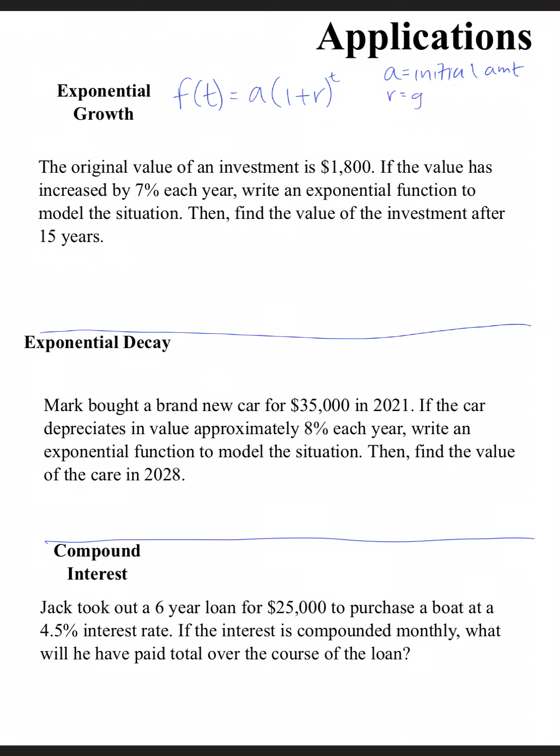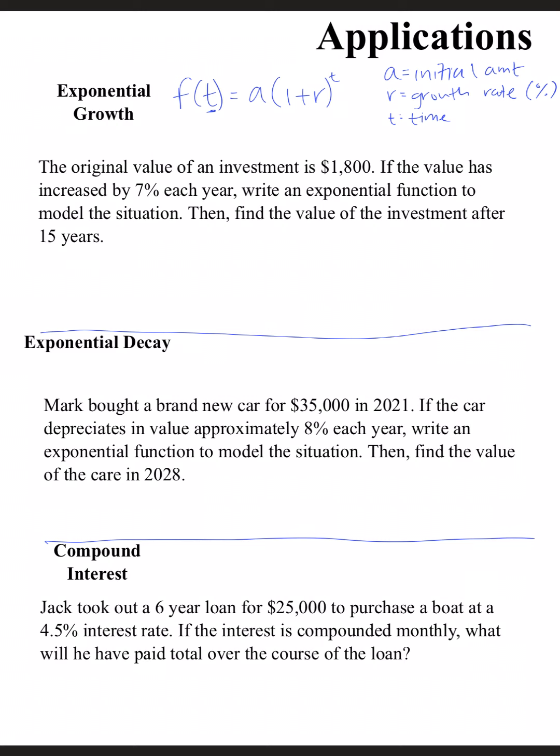R is going to be whatever our growth rate is, and this is going to be given as a percentage, and you need to change it to a decimal. And then t is going to be time. So f of t means that we're going to be finding where this population is, where this amount is after a number of time, years, months, whatever the equation is.